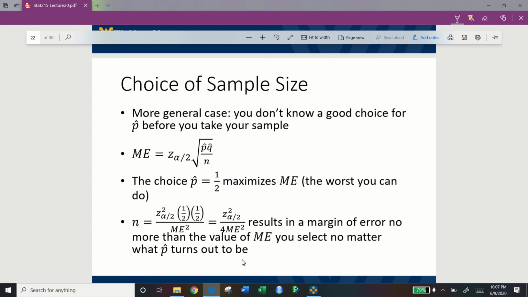If we use our formula, we can illustrate that n equals Z alpha over 2 squared multiplied by 1/2 multiplied by 1/2 over ME squared, which equals Z alpha over 2 squared divided by 4 times the margin of error squared. This results in a margin of error no more than the value you select, no matter what p hat turns out to be.